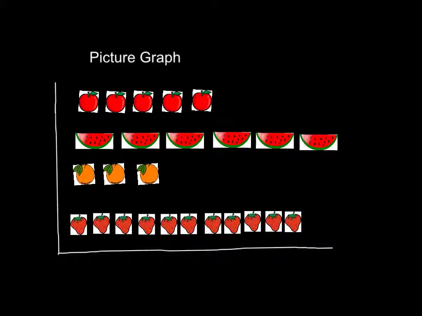We can use it to tell us how many people in grade 2 like apples. So if you were running a shop, you would know whether you were going to buy more apples, more watermelon, more oranges, or more strawberries, or maybe less oranges because not many people like them. So there's a whole range of data that we can get out of that.